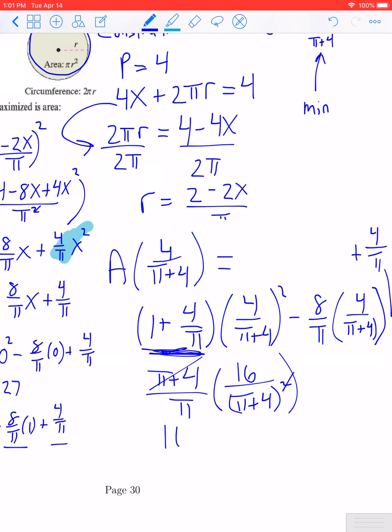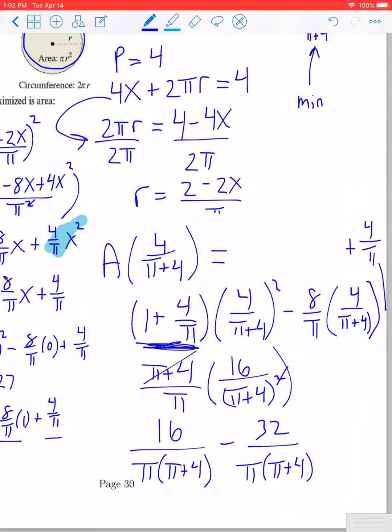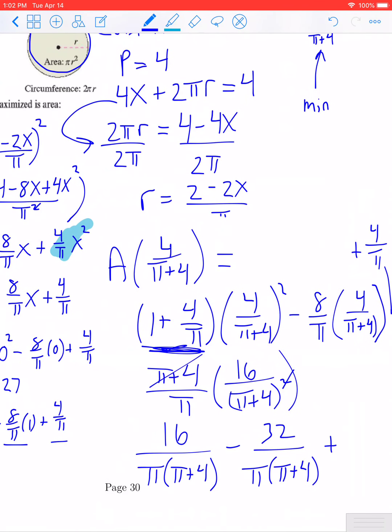So that should produce 16 divided by pi times pi plus 4. Minus over here, we have 32 over pi times pi plus 4, plus our 4 over pi. The 16 minus 32, those are like terms, so it's going to give us a negative 16 divided by pi times pi plus 4 in that denominator, plus 4 over pi.